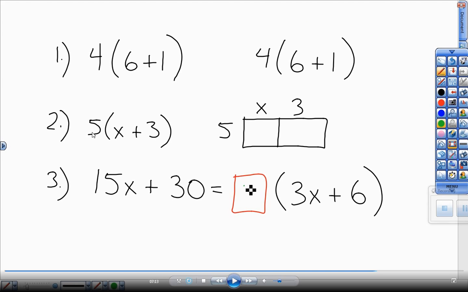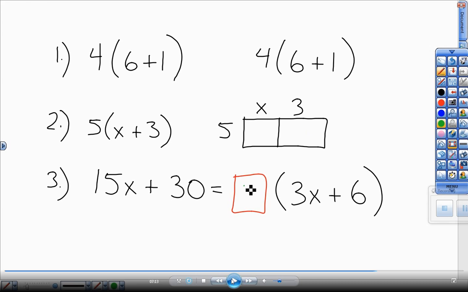Second one, I want you to take this 5 and distribute it through this x and then through that 3. So you're going to multiply this 5 times the x and then that same 5 times that plus 3. And I'm also going to have you do that same problem but showing this box method where you're going to multiply that 5 times the x and put that inside here, and then that 5 times the 3 and put that inside here.